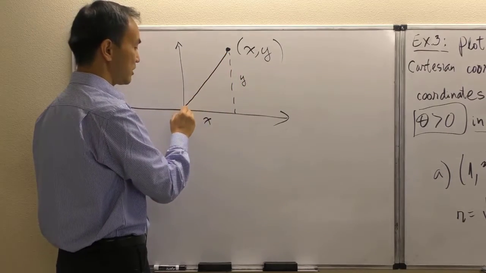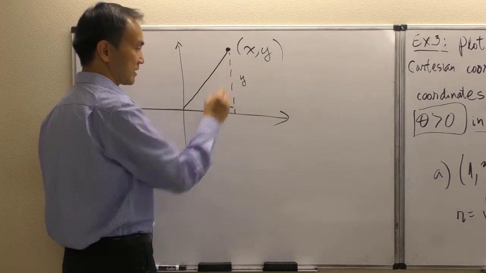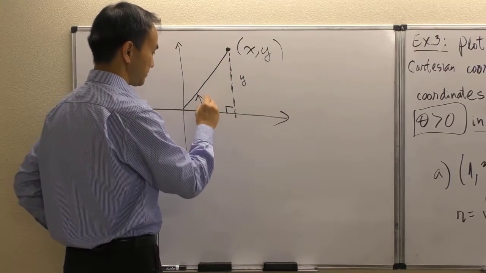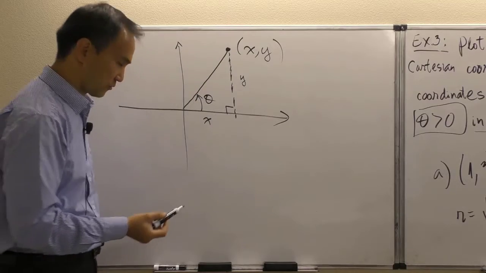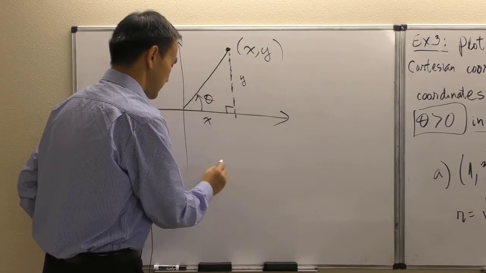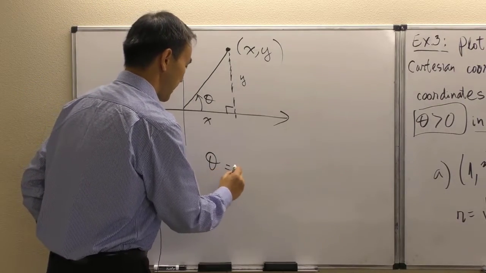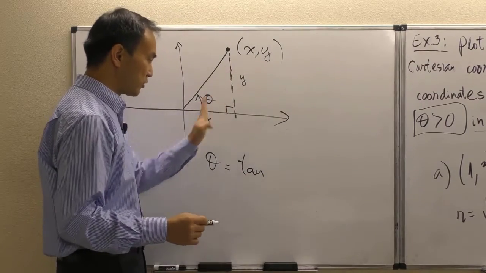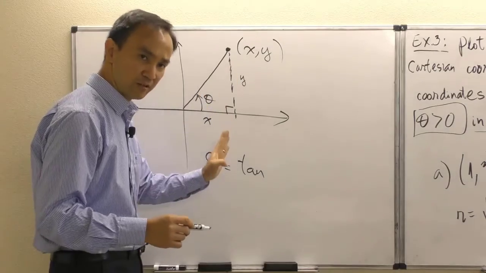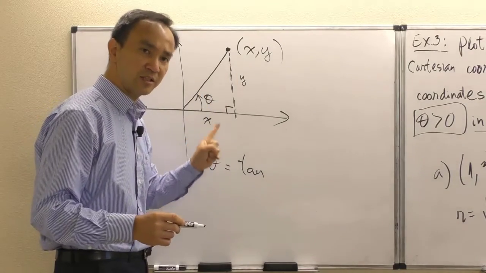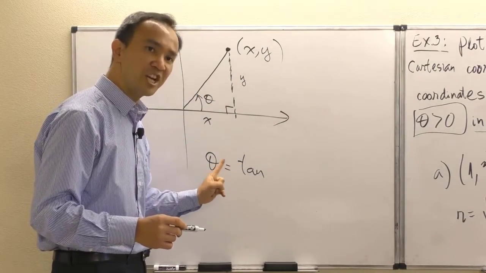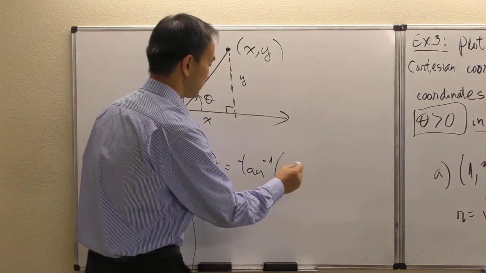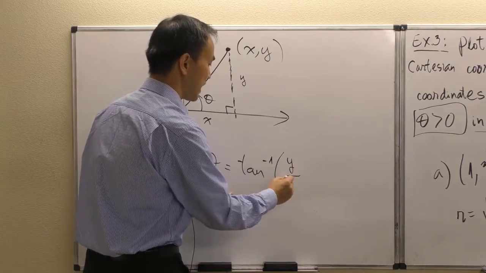So in a triangular setup like this, the angle theta can be found by doing, because we just want to use directly our two values that are currently available, so there's a faster reach right here, a direct reach, we're going to go with tangent inverse of y over x.